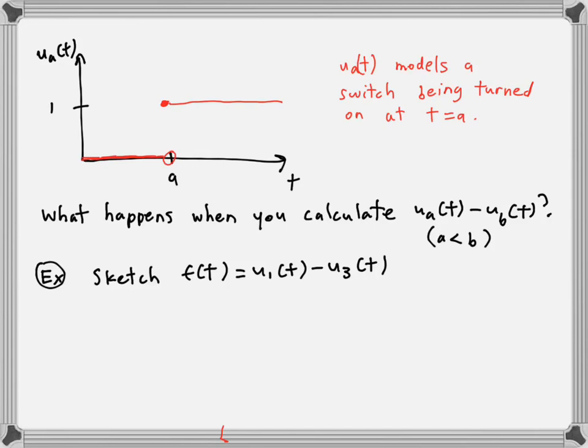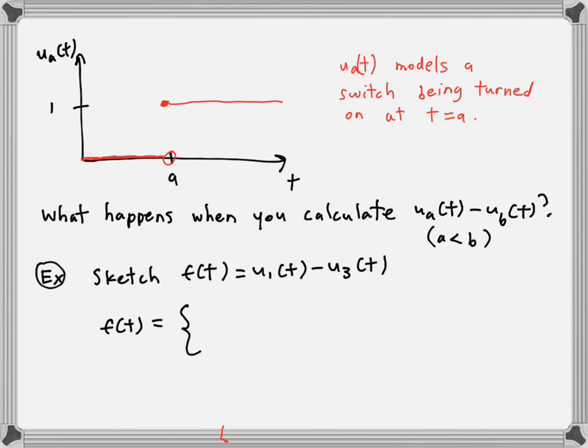Now, the important thing here is to notice that there are really three cases going on, right? Because we have a 1 and a 3 in there, we know that we're going to have three cases. Either t is smaller than 1, t is between 1 and 3, or t is larger than 3, right? So let's see what the three cases are. First, what happens when t is smaller than 1?